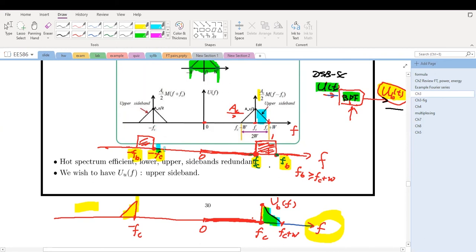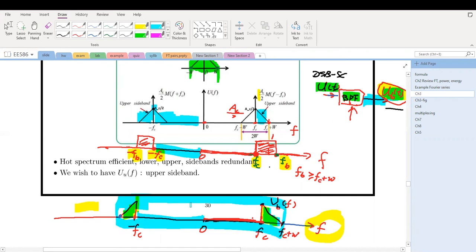So anything in this portion is 0, and 0 multiplied by anything is 0. Starting from minus fc here, this portion of the spectrum is passed through here. The output of the bandpass filter here is the upper sideband. So if we transmit this modulated signal, this is a single sideband signal.